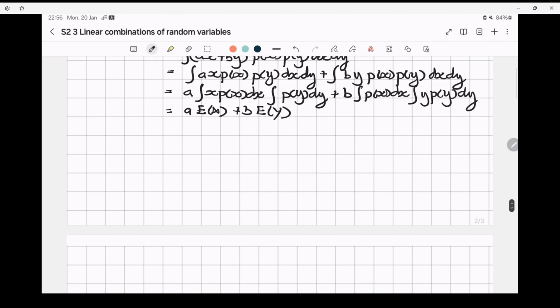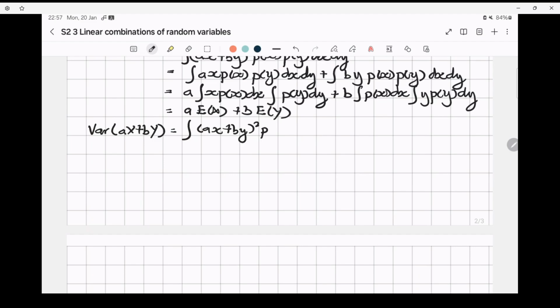So now let's work on the variance. This is the variance of ax plus by. The definition of variance, if you quote it accordingly, will be integrating ax plus by, the whole thing squared.